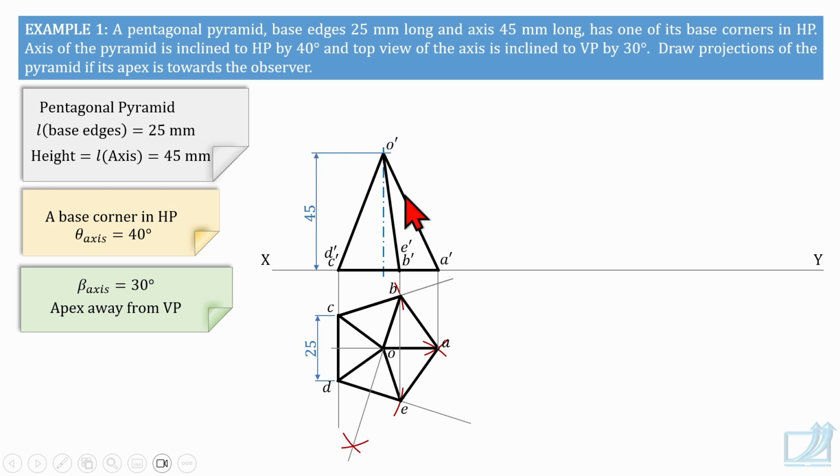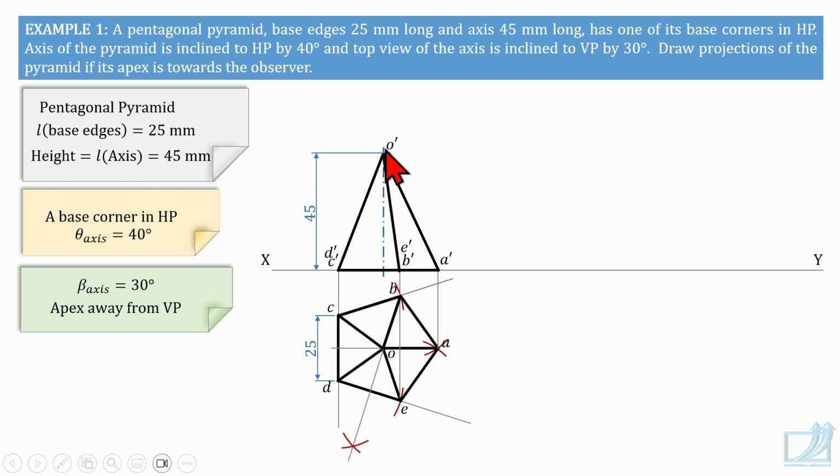In the first stage, remember carefully, you always draw views in such a way that one view gives the true shape of the base and the other view gives the true length of the axis. Here this blue line, longer dash, shorter dash, this blue chain line is the axis.